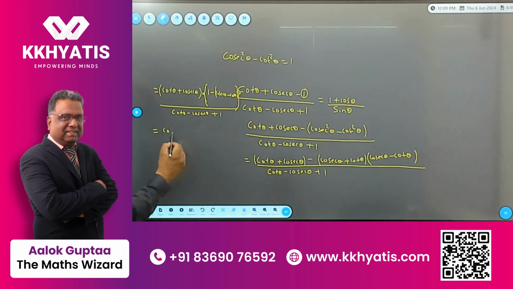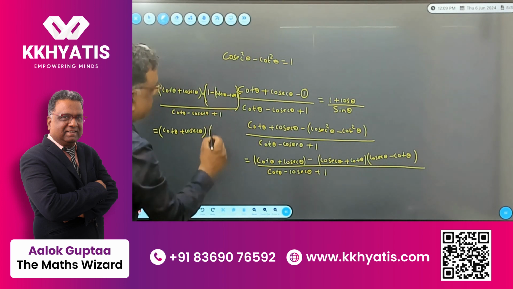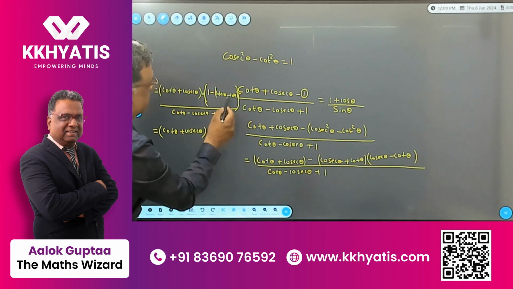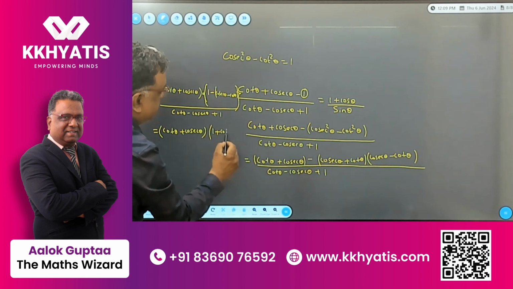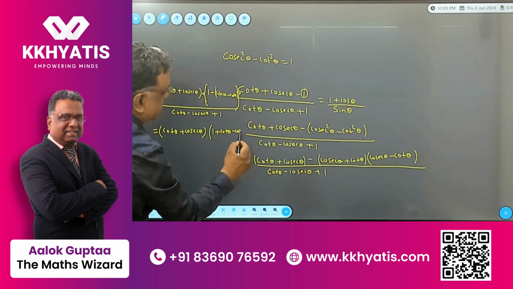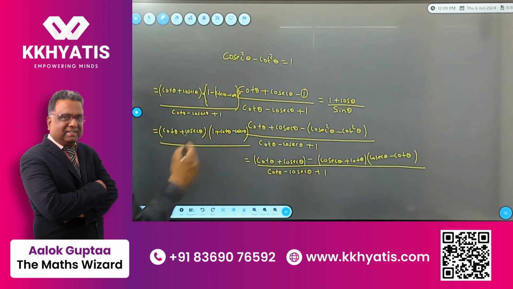So now I will write this as (cot theta plus cosec theta). Now I will open this small bracket, which will be 1. I will take cot theta first, which will be minus into minus plus, so 1 plus cot theta minus cosec theta. Understood? And now I write the denominator also as 1 plus cot theta minus cosec theta, just rearranging the terms.